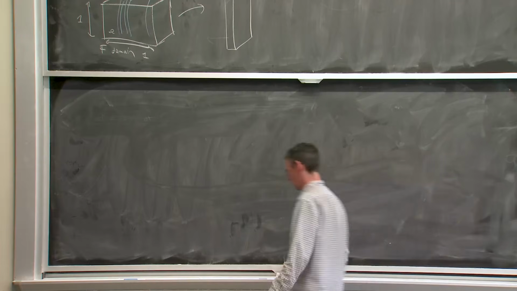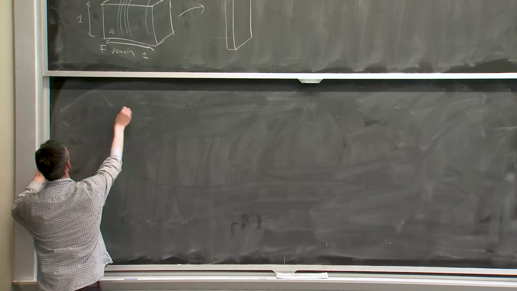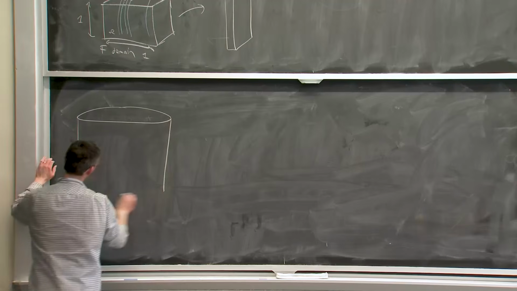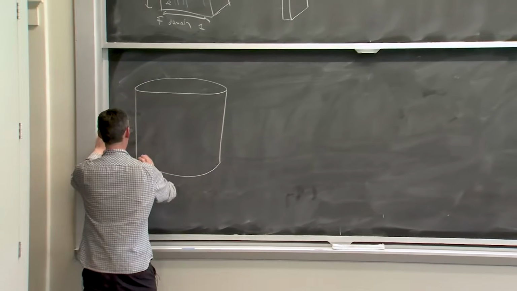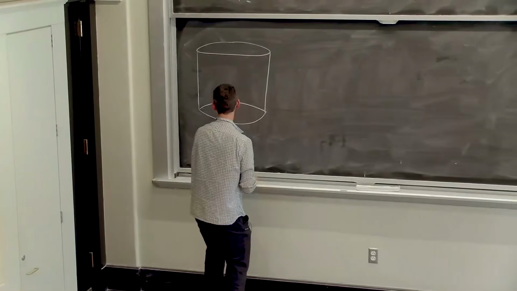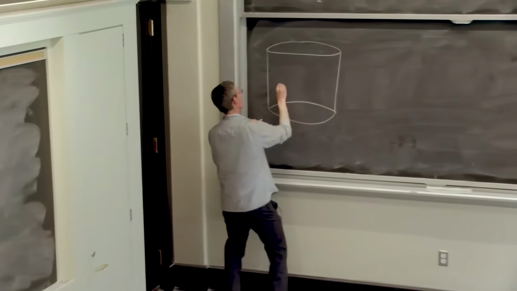So I'm going to visualize our fundamental domain, or maybe a piece of it, as a cylinder. And I'm going to draw some unipotent orbits in different colors. And they all go from the bottom to the top.